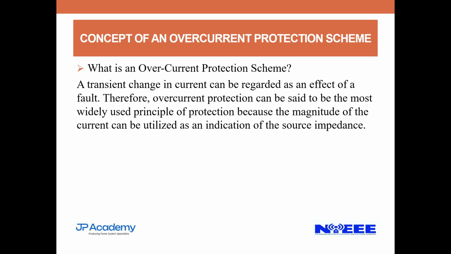Overcurrent protection can be said to be the most widely used principle of protection because the magnitude of current can be utilized as an indication of the source impedance. Also, it is used due to its inherent simplicity. It is quite very simple.